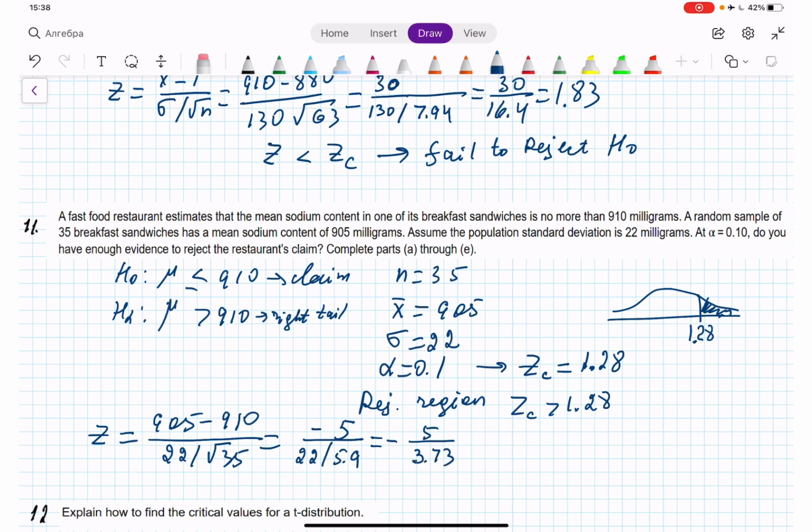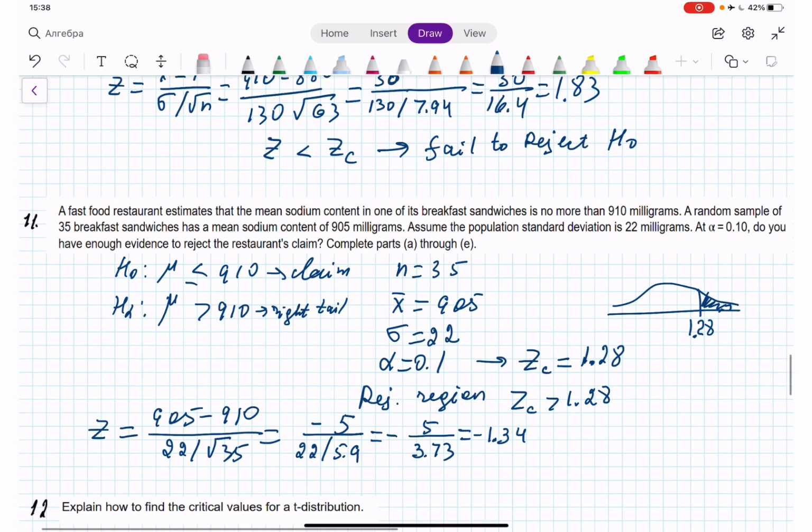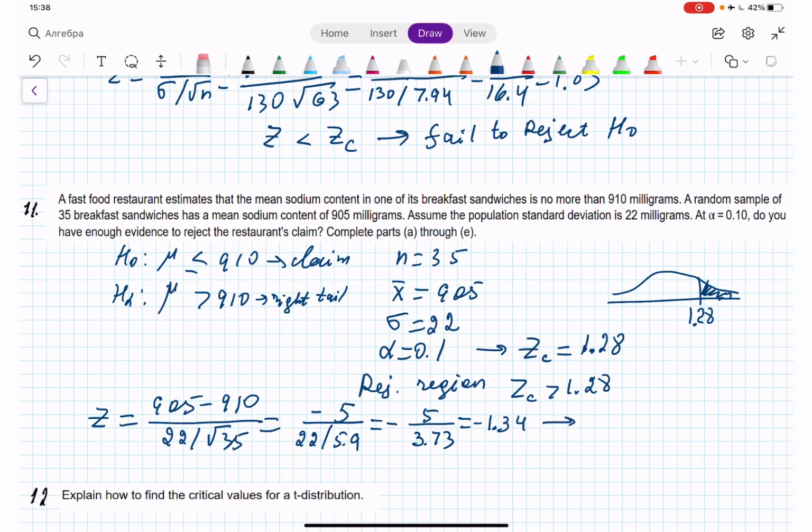And 5 divided by 3.73 is negative 1.34. So this is going to be our standardized test statistic.